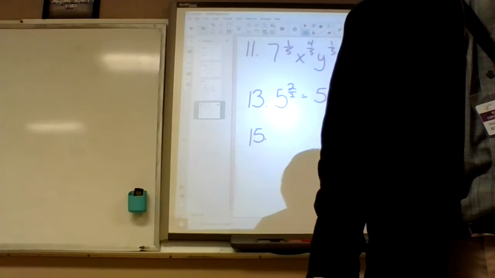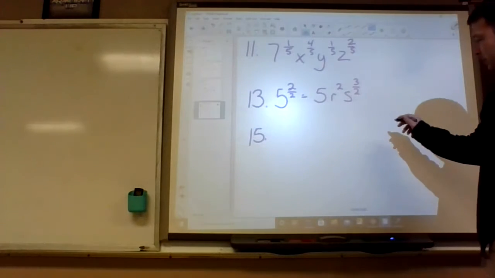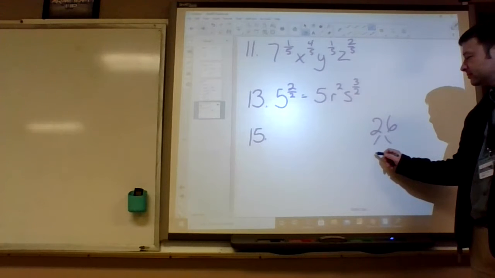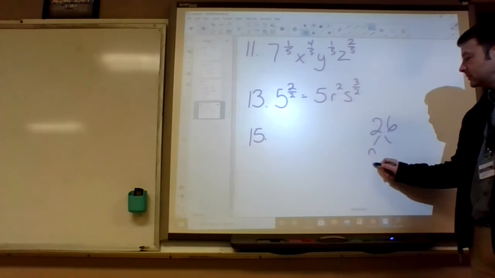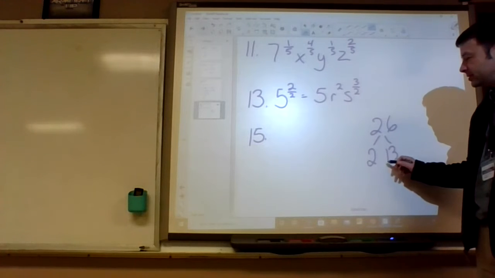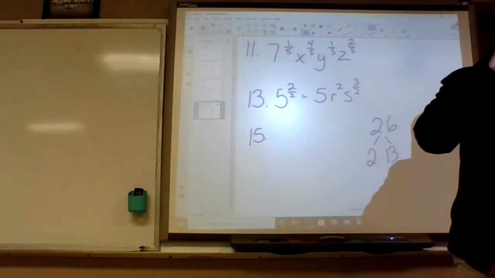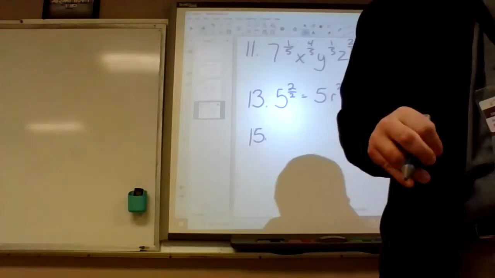Number 15. Does 26 break down? A little bit. What goes into 26? 2 and 13. So those are prime, so it doesn't do anything else. We're just going to do this separately. I don't know if that's really helpful, but we're going to follow the book's lead on this one.